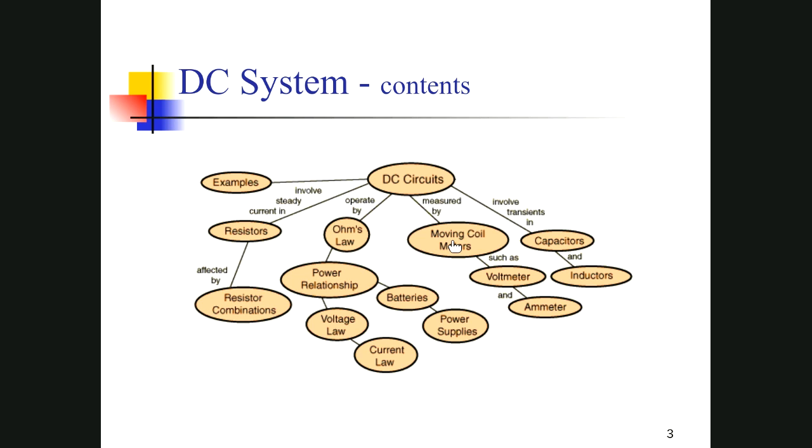We have several instruments: voltmeters, which measure the voltage across a given component, and ammeters, which measure the current through a given component. Pay attention to the wording: voltage across a component and current through a component.